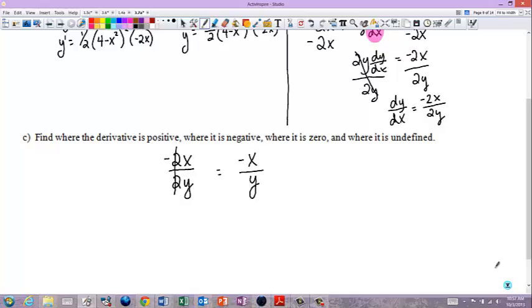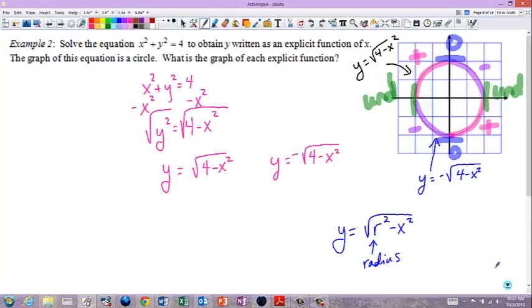Now, does it make sense that in order for the derivative to end up being positive, x and y must have opposite signs? So think about where they have opposite signs. Look at your quadrants. For it to be positive, we have negative, positive, and positive, negative.